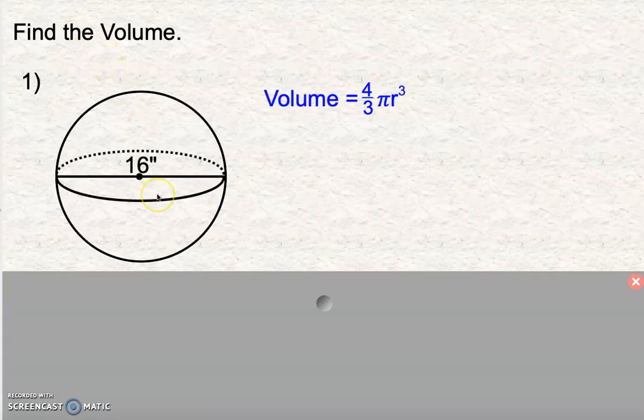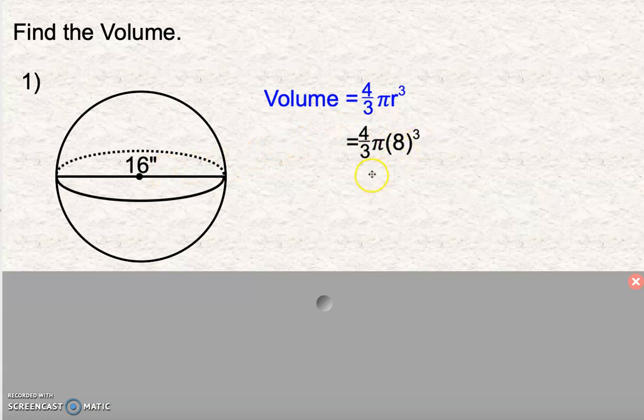Example 1, find the volume. So here's a sphere, and we have our formula. And in your homework tonight, I want to see each and every part written out like we always do. So start out by writing the formula you're going to use. Now, I tried to trick you. This 16 is not the radius, it is the diameter. So we're going to use 4/3 times pi times 8 cubed.